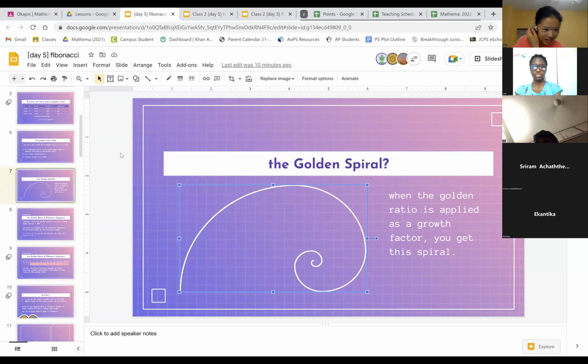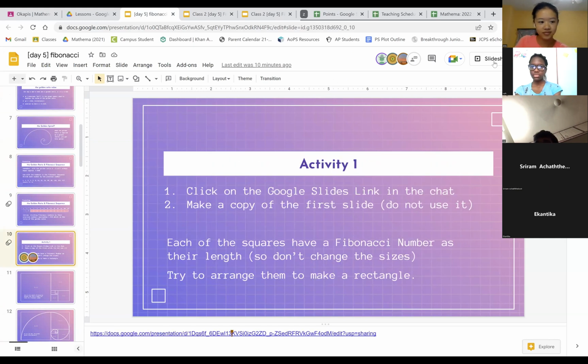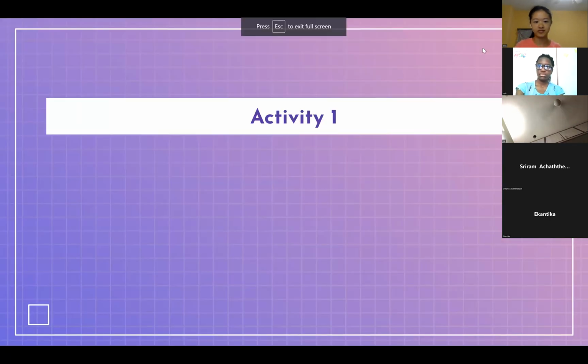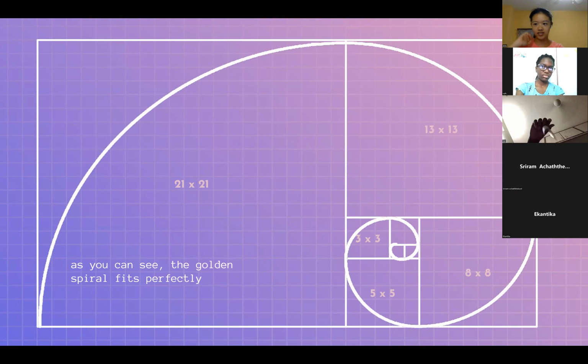Okay, let's head back to the slides now. I just showed you how, if you arrange it in this way, where each square is placed in a rotating manner, on a different side of the square each time, you can fit the golden spiral right inside of it.